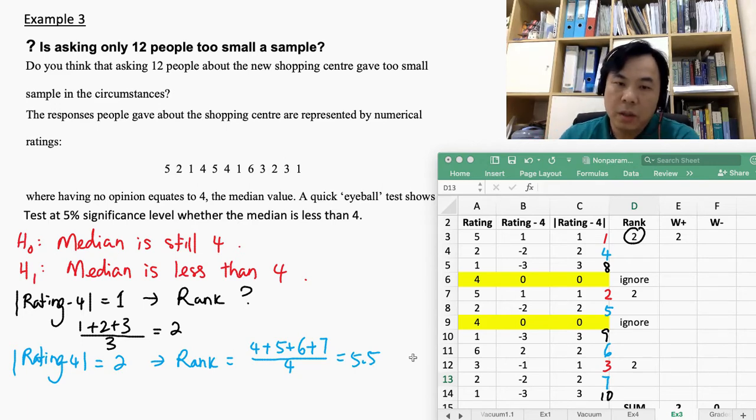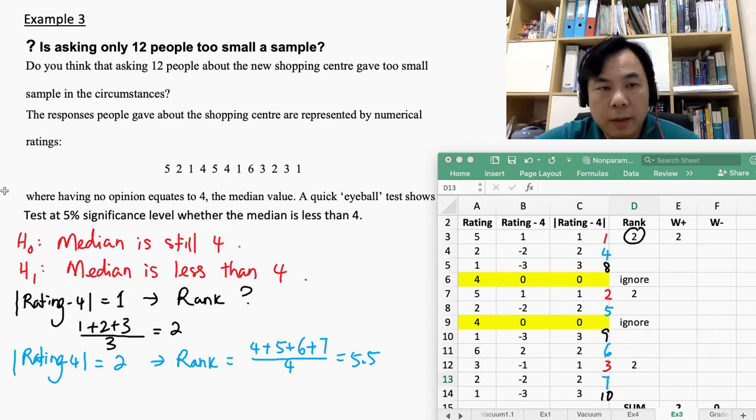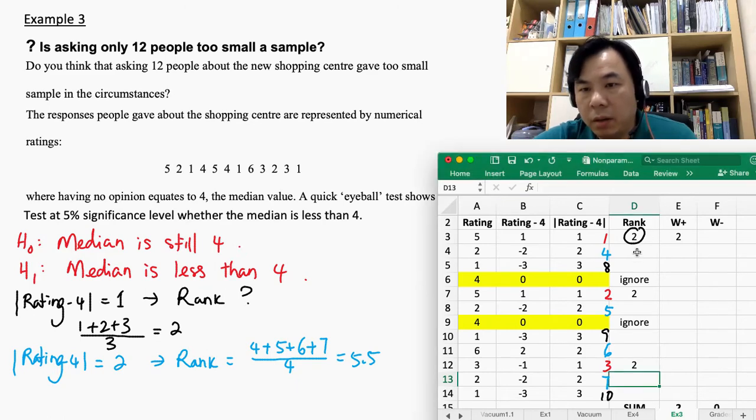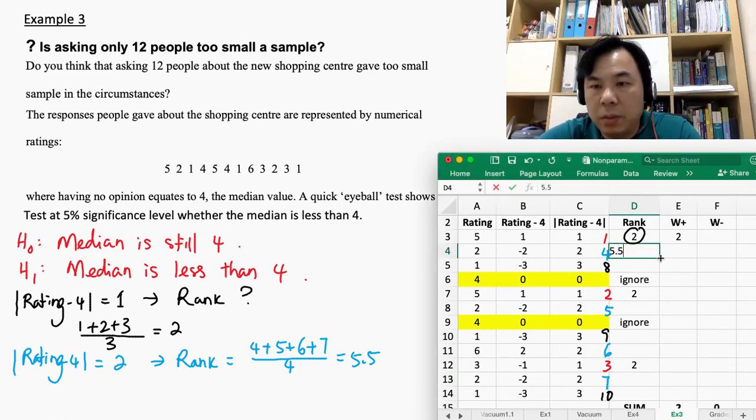Just let me check if that is actually 5.5. Sometimes I might accidentally get the wrong number. So 22 divided by 4 here. Yep, correct. So that is actually 5.5. So all the absolute deviations that come with 2 would have a ranking of 5.5. So this is 5.5, this is 5.5, and this is 5.5, and lastly we have 5.5 here.